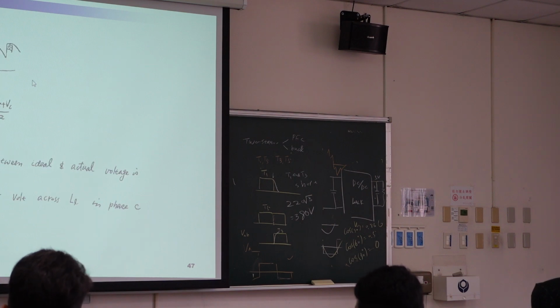Before we have this voltage, but now it becomes 0.5 times Vb plus Vc. Then the voltage changes to this waveform. Our voltage before is like this, but now it changed to like this. So we miss this part.